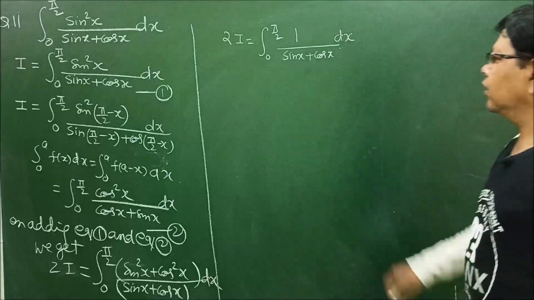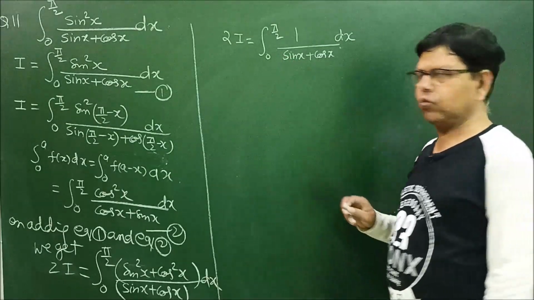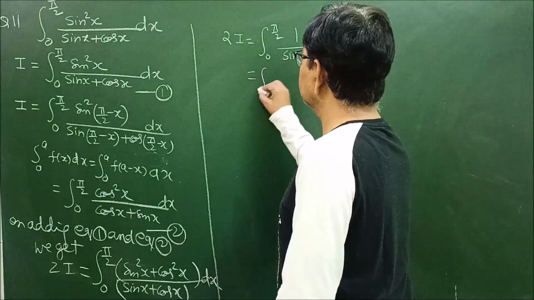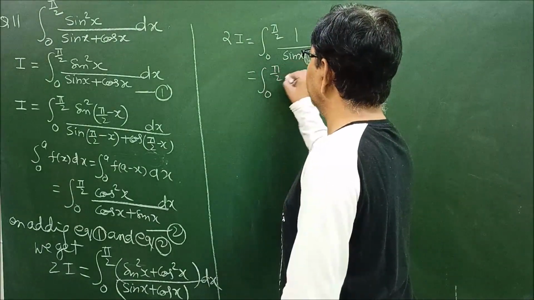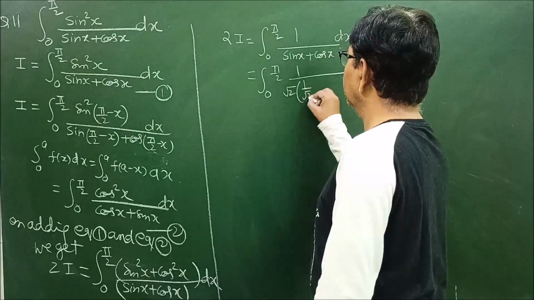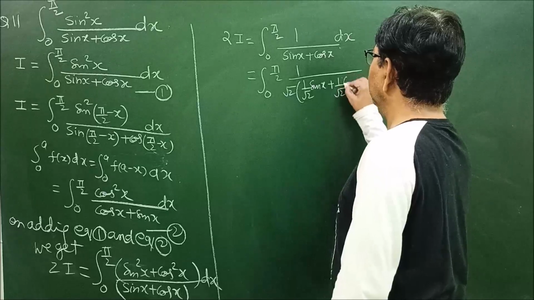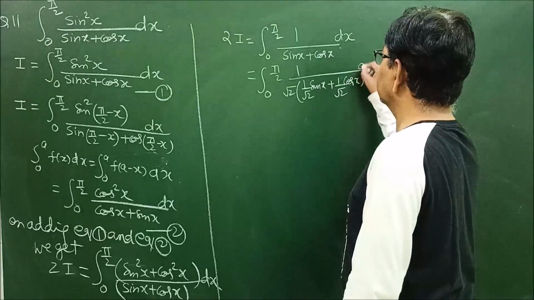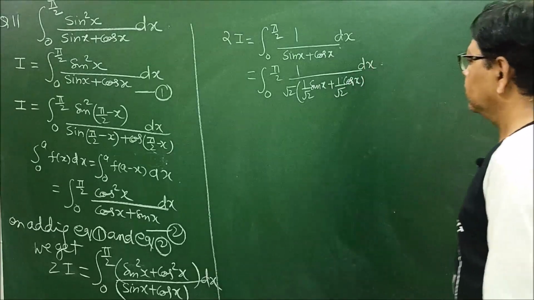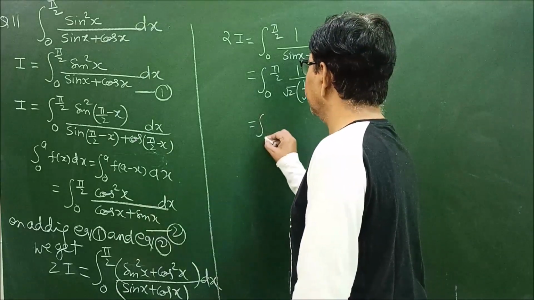Now multiplying by root 2 and dividing by root 2, so root 2 into 1 upon root 2 sin x plus 1 upon root 2 cos x dx, which can be written as the integral from 0 to pi by 2.